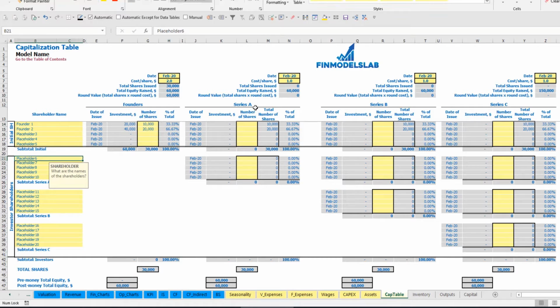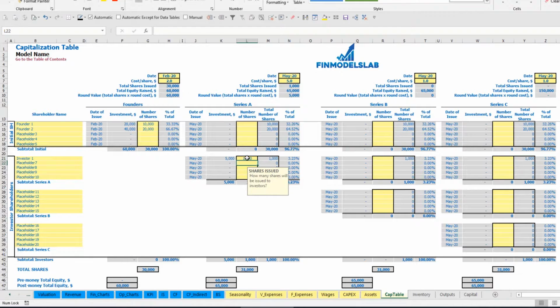So let's pretend that for Series A we have one investor and the date of issuance is May. Cost per share is $5 per share and the number of shares is 1,000. So the total amount of investment will be $5,000.